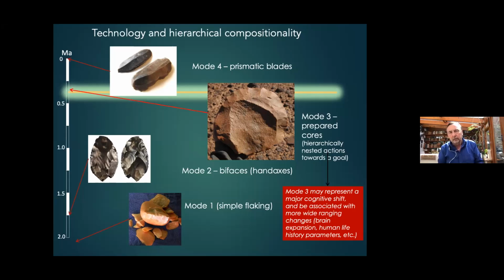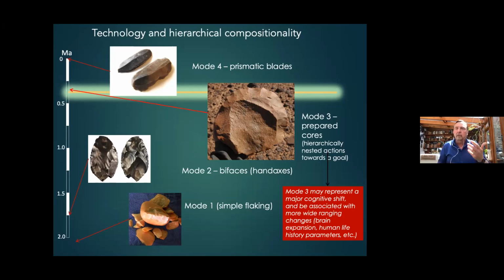And I've just highlighted here mode 3, which is the prepared core technology. The point about the difference in mode 2 and mode 3 is mode 3 is a very hierarchically nested action. In order to get to the final thing, you have to have done a certain number of events before, none of which necessarily look as if it's leading towards the goal, which is that nice flake in the middle there.